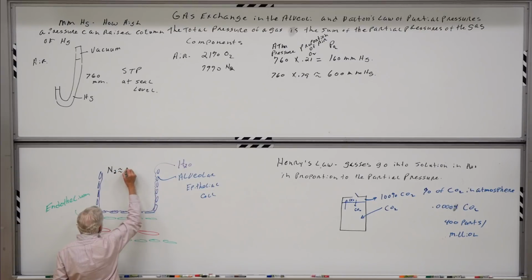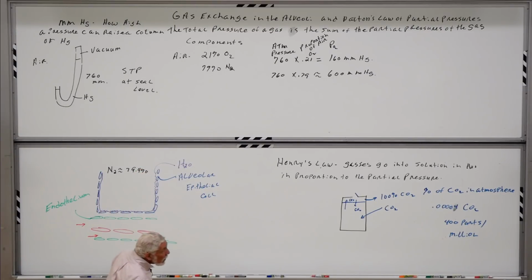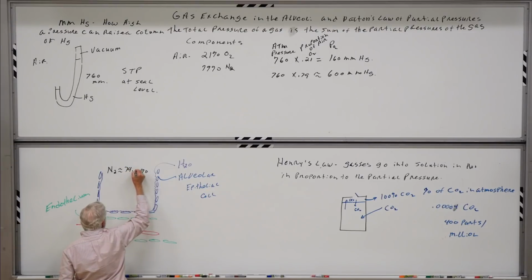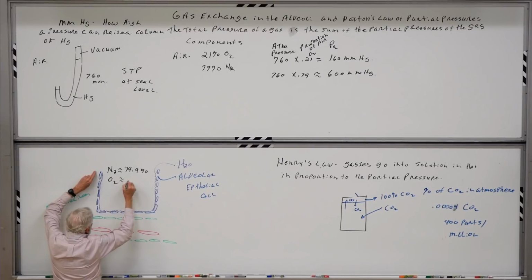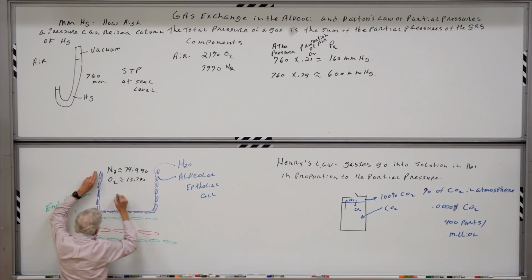Nitrogen is in the neighborhood of about 74.9%. Oxygen is in the neighborhood of about 13.7%.